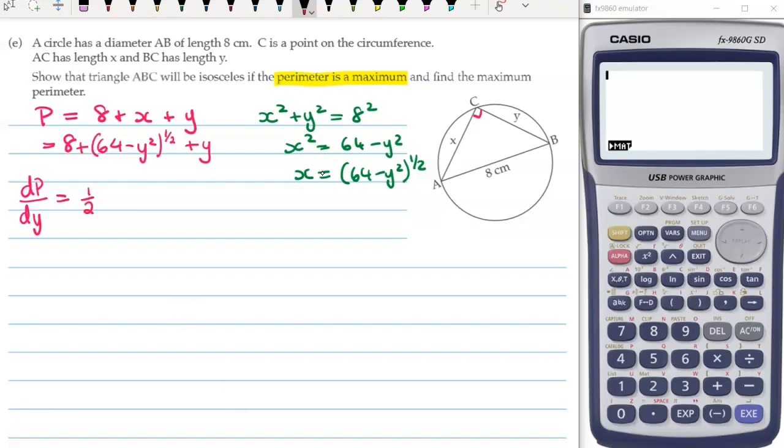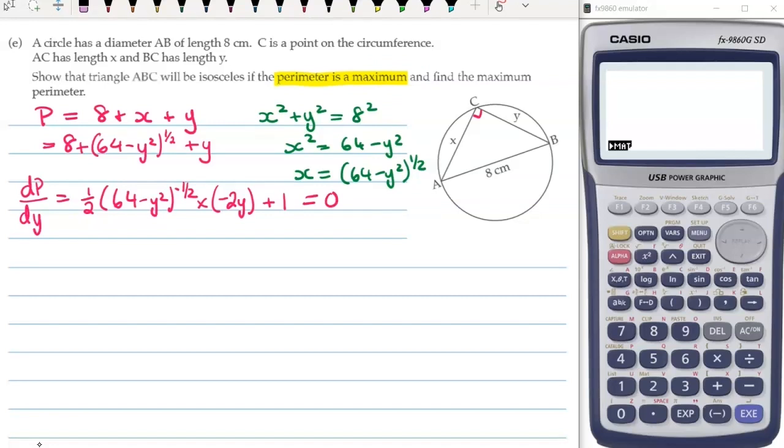We have a half (64 minus y squared) to the minus a half times the derivative of the inside, which is negative 2y, and then plus, sorry, not plus y, plus 1. If we differentiate y, we get 1. We're going to set that equal to 0 because we're looking for a maximum.